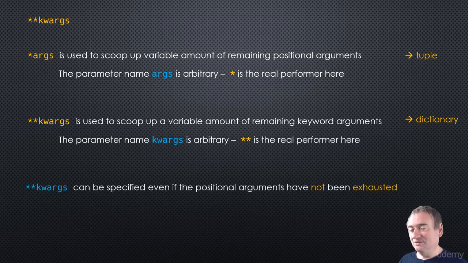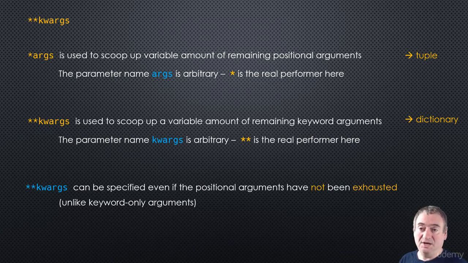So the thing is that the double star can be specified even if the positional arguments have not been exhausted, right? Which is unlike the keyword only arguments that we saw in the last lecture, where you first had to exhaust your positional arguments before you could start defining keyword only arguments. With **, you can actually put that even if you haven't defined anything that exhausts the positional arguments, like a star or a *args, for example.